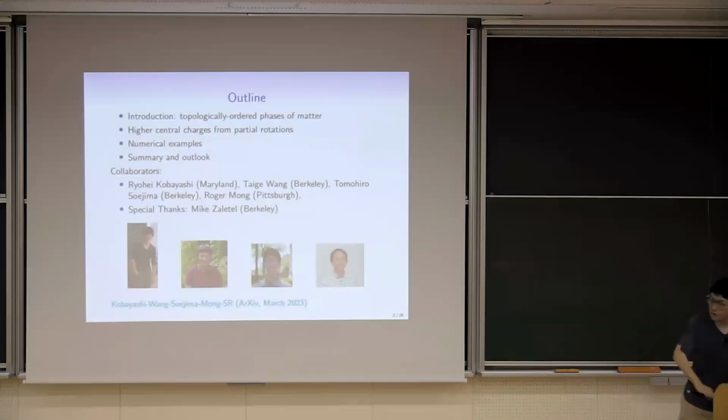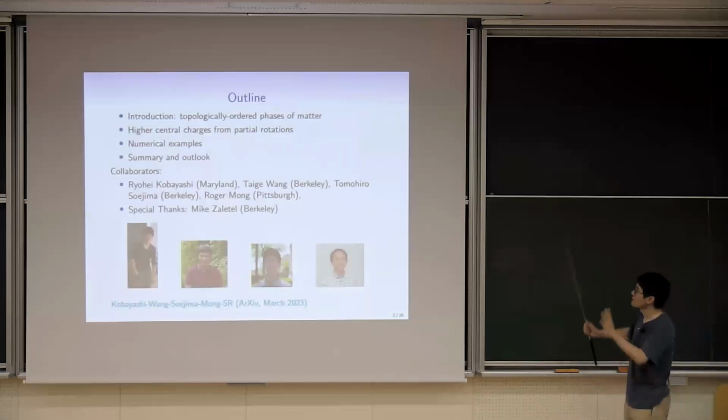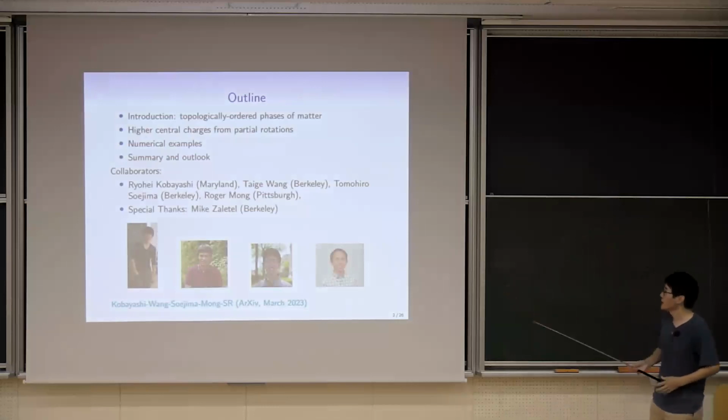So I will first introduce the concept of topologically ordered states, which may be familiar to most condensed matter physicists, but I see a mixed audience here. So I will introduce some basic properties of topologically ordered phases of matter. And then I will make contact with the higher center charges.